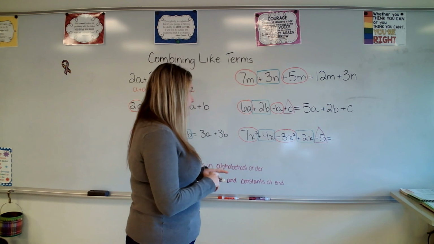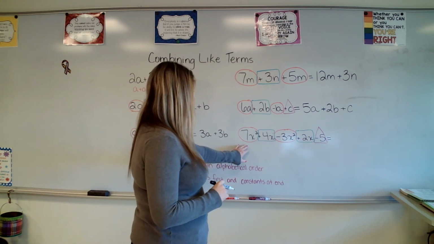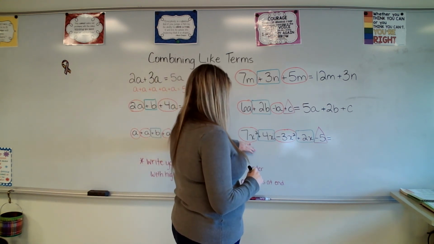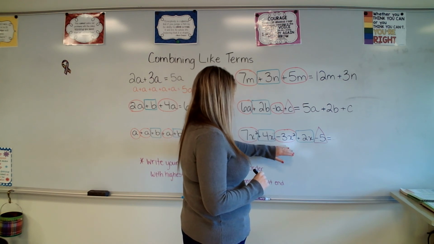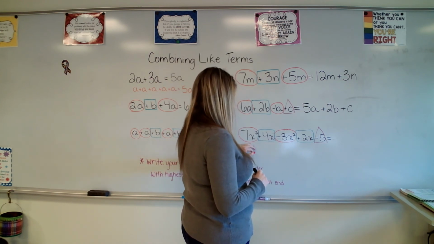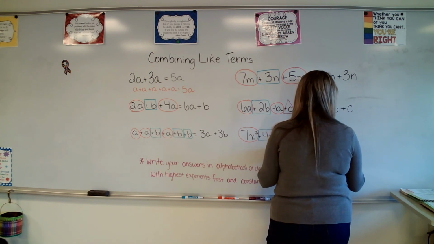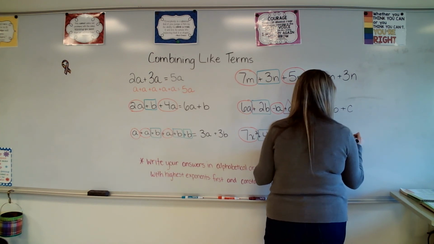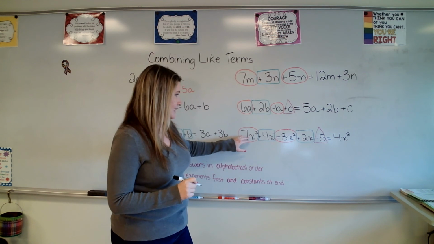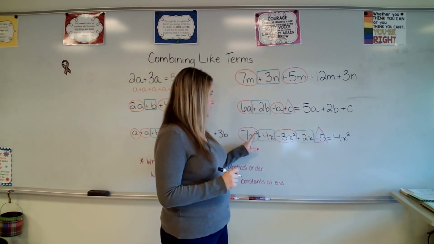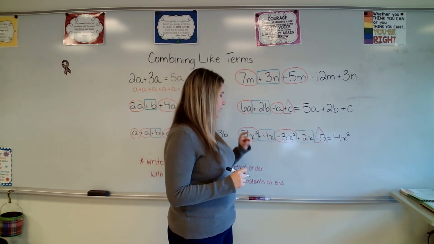So now at the end, when I'm looking for what I can combine, my x squareds: 7x squared and negative 3x squared, 7 minus 3, or 7 plus negative 3, whichever way you want to look at it, is 4x squared. Remember, I did my x squared before my x because 2 is higher than an exponent of 1.